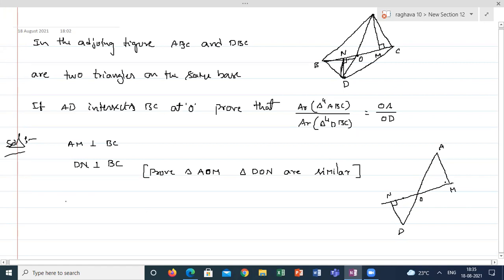So, vertically opposite angles: angle AOM and angle DON are vertically opposite angles.